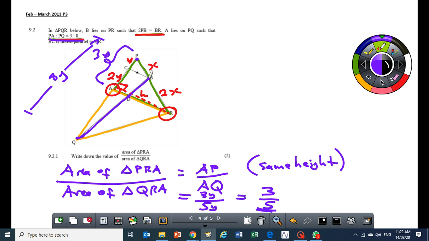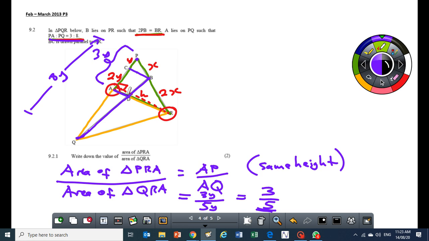Now if we are to determine that ratio, we are given the two parallel lines, that is BC and AD. They are parallel, or you can say BC and AR, they are parallel. So I have to identify a triangle that I can use the proportion theorem in, because BC is parallel to AR or AD.